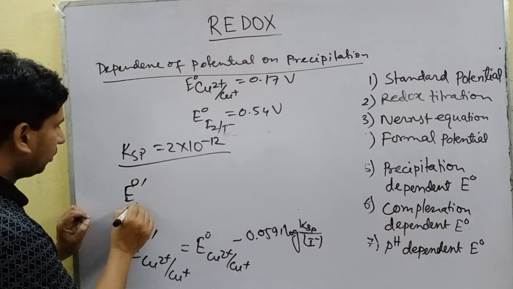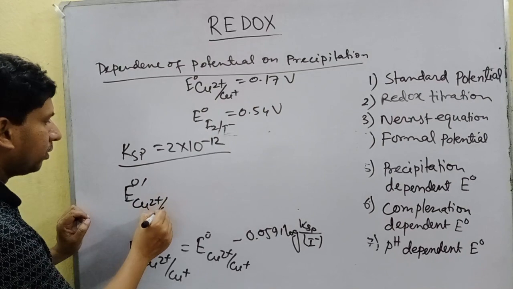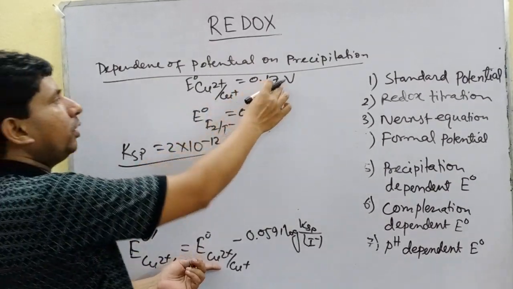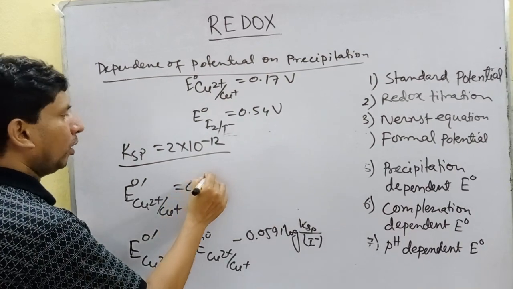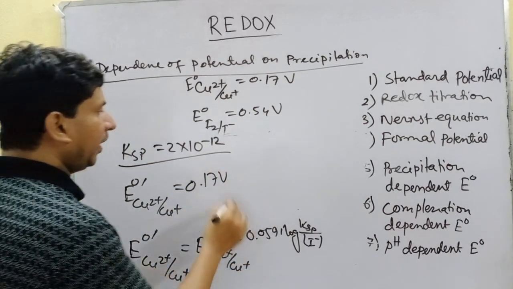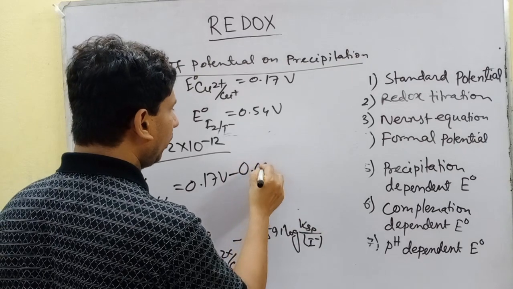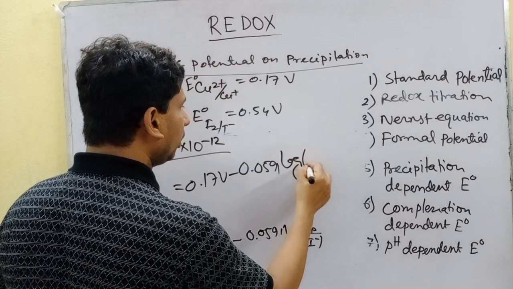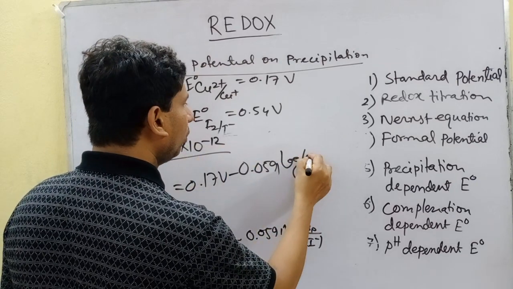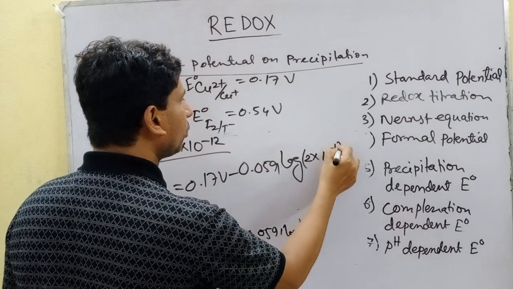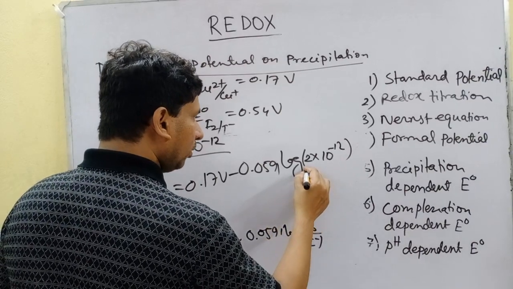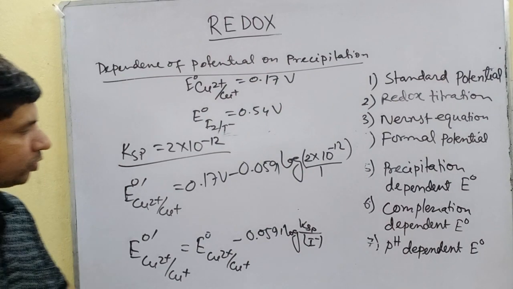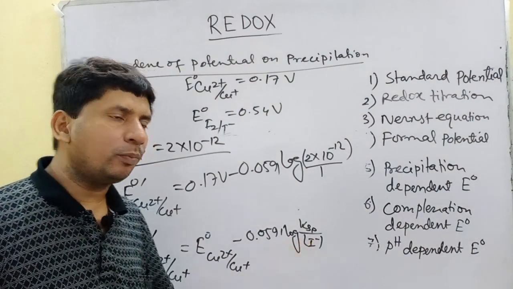E0 dash Cu2+/Cu+ equals 0.17 volt minus 0.0591 log of 2 into 10 to the power minus 12 divided by just 1, because we consider the concentration of iodide is 1 mole per liter.